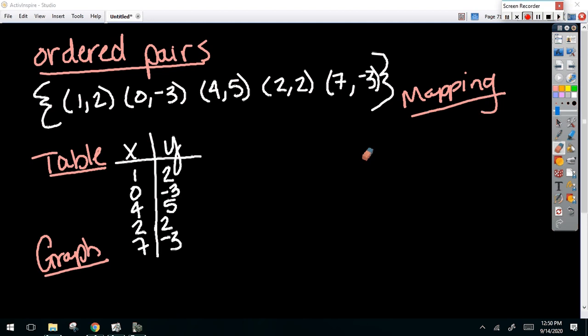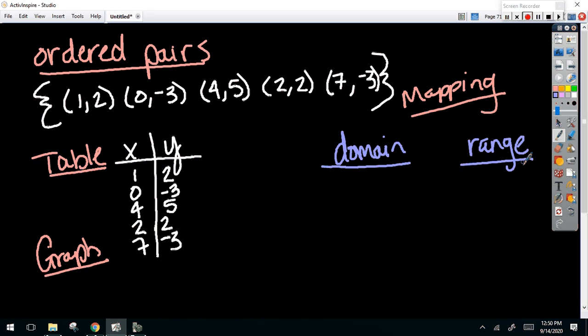let's talk about mapping. We're gonna do the mapping by domain and range. What is the domain of this relation? We've done a relation. It's all the same relation.